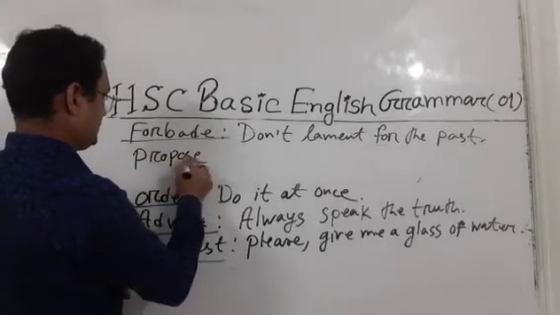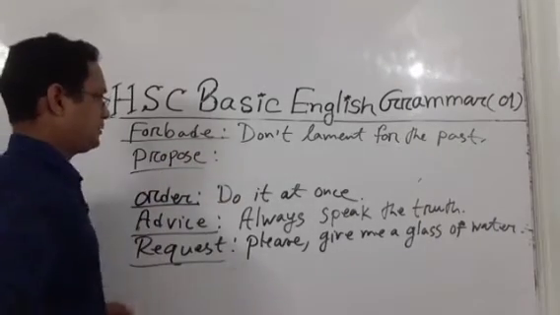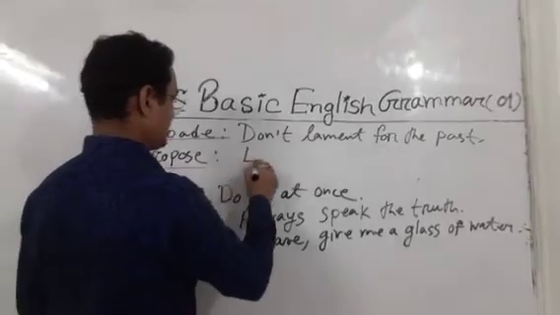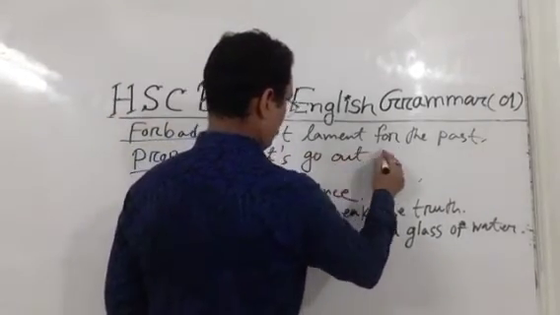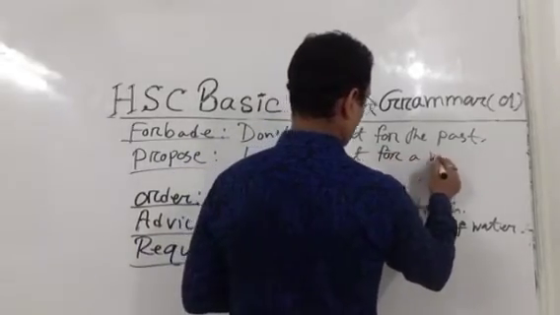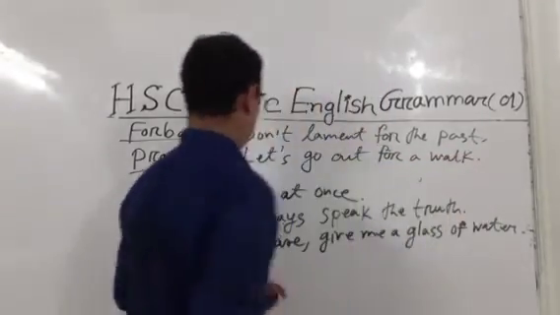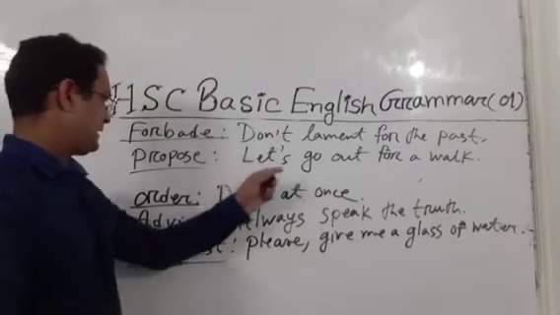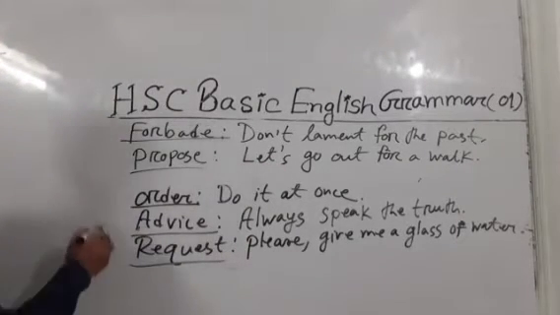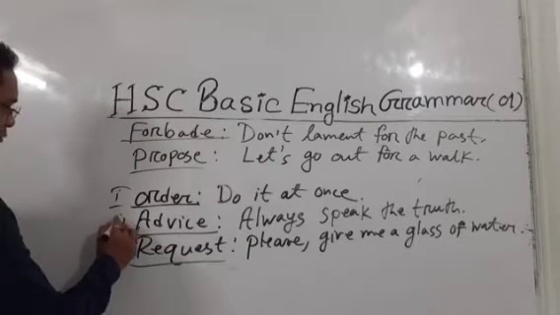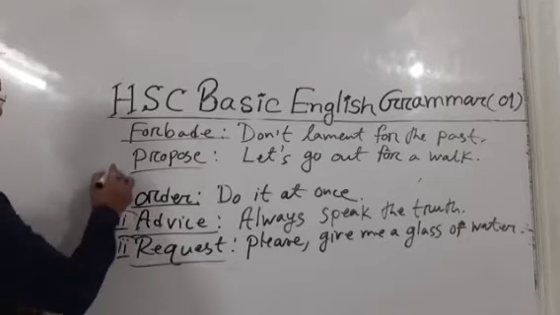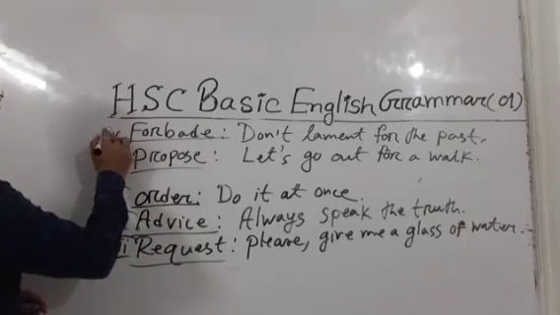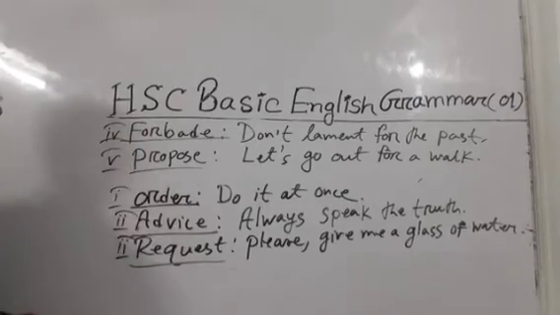That means it's type 5 of imperative sentence. Start from let's go out for a walk. So start with let's, that means let us. Okay, imperative sentence, there are 5 kinds. 1, order. 2, advice. 3, request. 4, forbid, and number 5, propose.